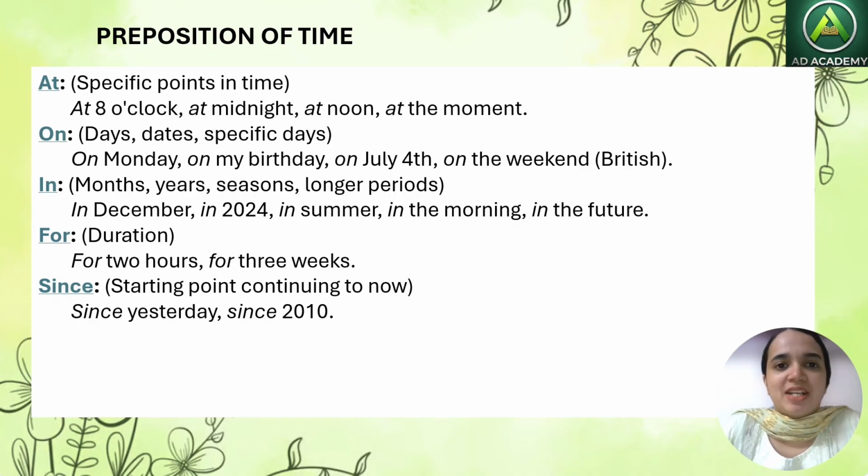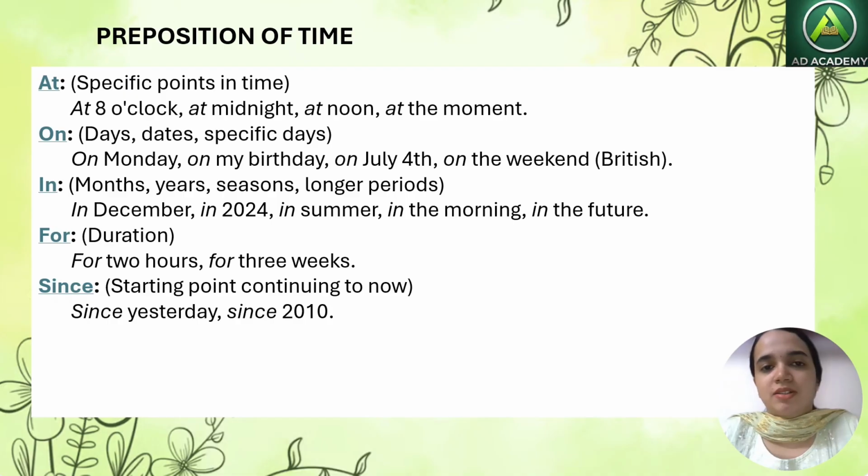Since and for: when we are studying tenses, we will learn the differences between these two. For can be used for specific durations, and since means starting from a point in the past and still continuing. I will help you to distinguish these two prepositions, for and since, because when you study tense forms, they are the two important prepositions that denote duration.